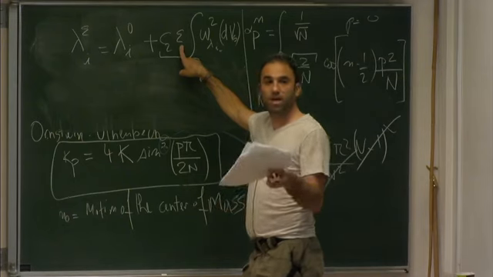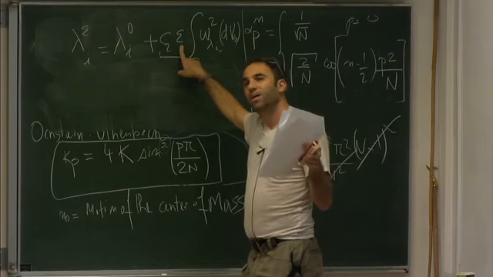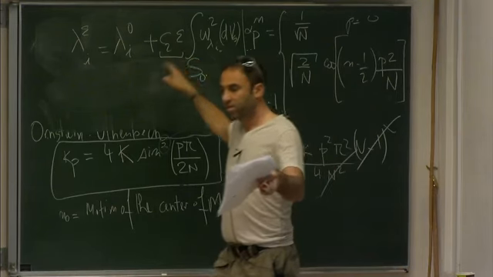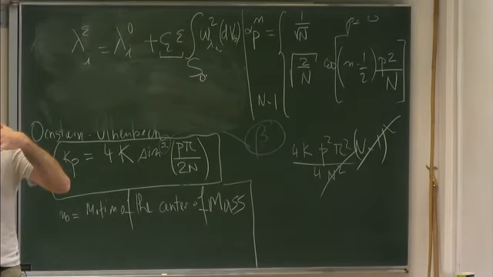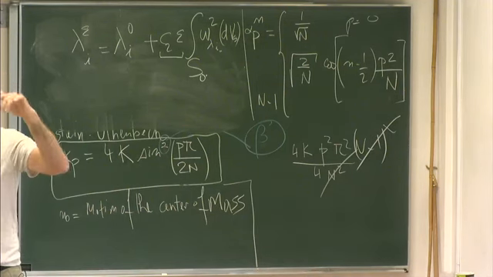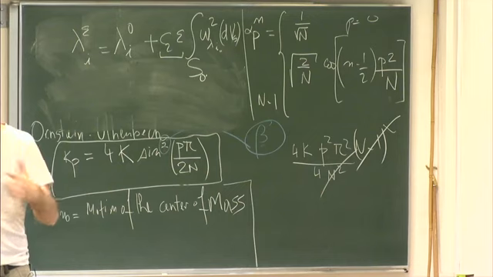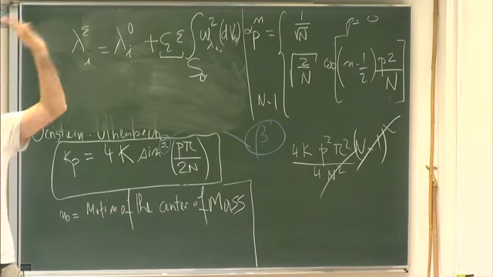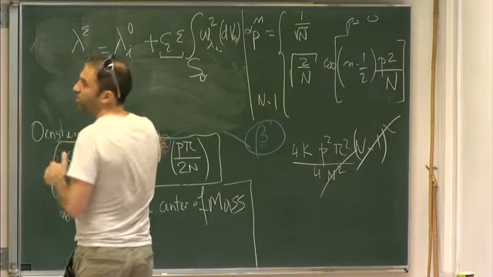Somebody asked at the beginning, I think it was Peter: if in dimension 3 it's 1 over epsilon, in dimension 4 it's 1 over epsilon squared, why do we still get epsilon in high dimension? Here, what is important is what you are removing.